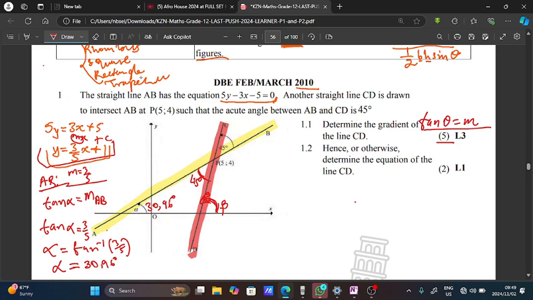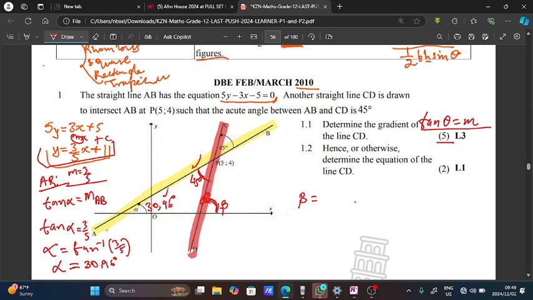So now angle B, or beta, equals, remember, the sum of the interior opposite angles again. So it will be the sum of this 30.96 plus 45.